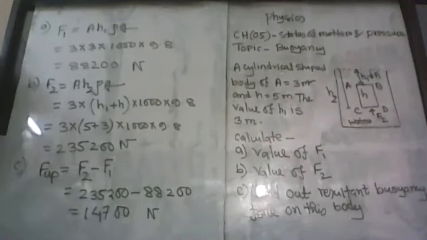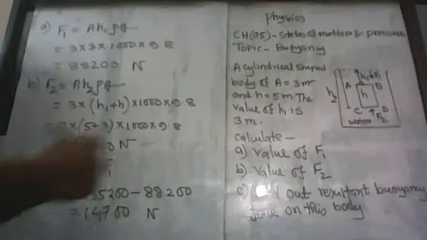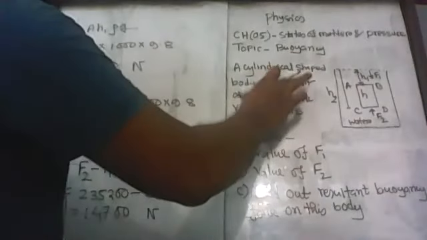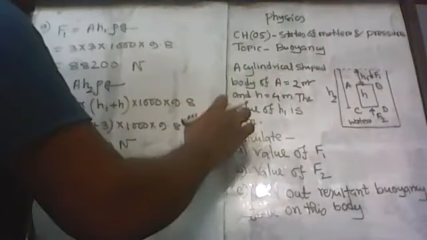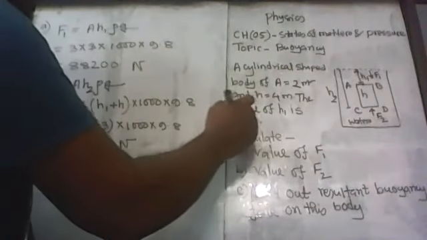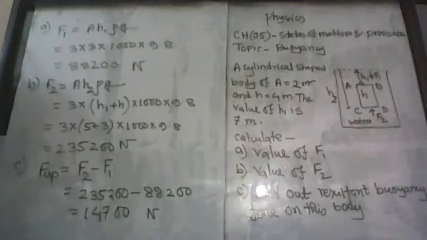So boys and girls, I'm going to give you a homework on the basis of this buoyancy force. Suppose the area of cross section equal to 2 meters square, the depth of the cylinder is 4 meter and H1 equal to 7 meter. On the basis of the given data, you have to solve this homework at your home.